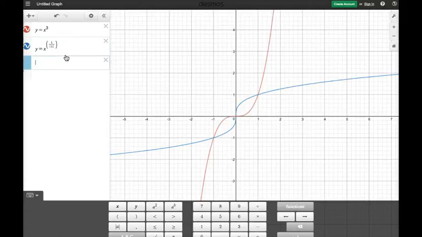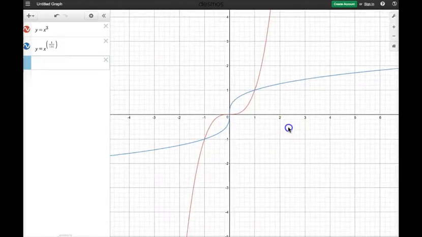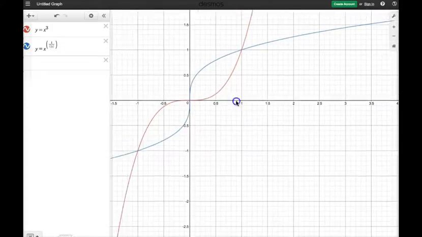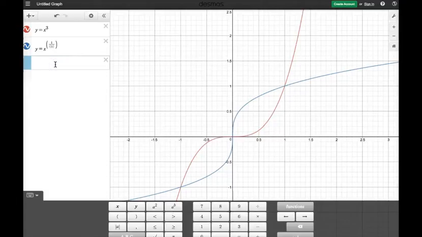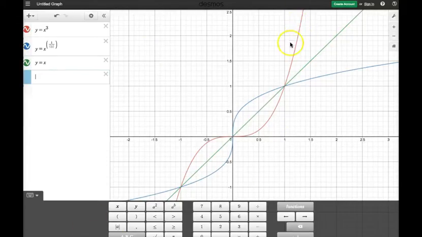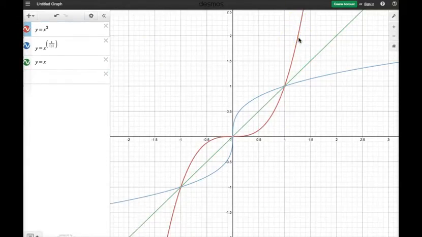Okay. And I'll make that bigger. And I'm going to draw the line y equals x. Hopefully it's green. And it is. So, can you see? The cube function, y equals x cubed, is the red function. The cube root of x is the inverse function, because the opposite operation of cubing is cube rooting.